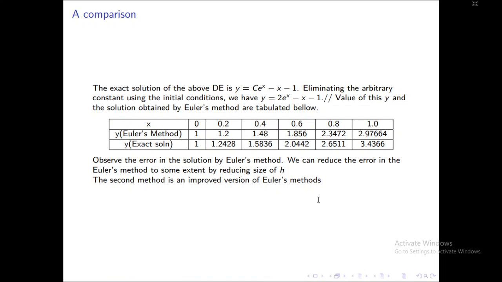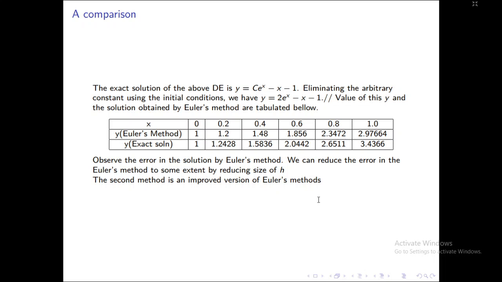And here we tabulated the solution and we compare it with the exact solution, that is we solve the differential equation using analytical methods, which give the solution as y is equal to c into e raised to x minus x minus 1.